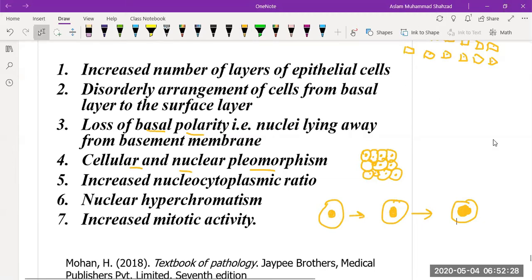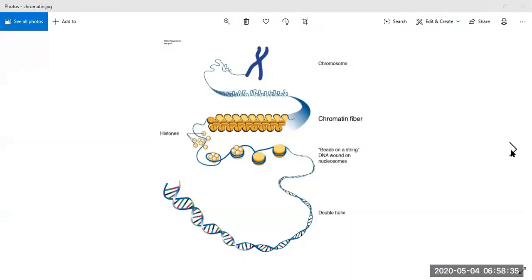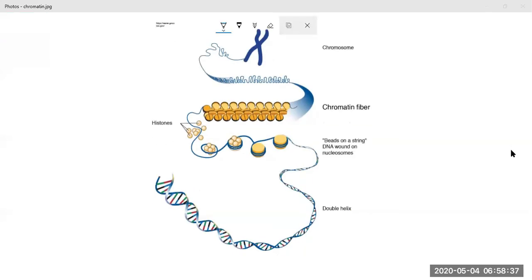Then nuclear hyperchromatism also occurs. What is nuclear hyperchromatism? You have to understand that the chromosomes consist of chromatin fibers. In dysplasia, these chromatin fibers increase in the cells.